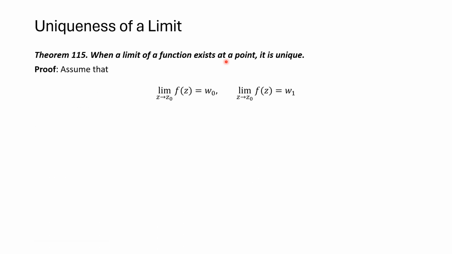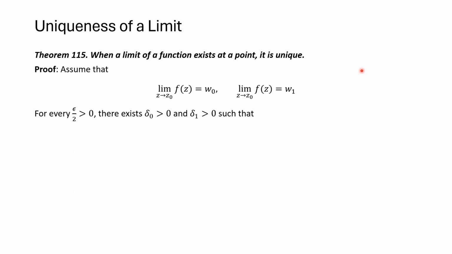All right, we have our first theorem. Limits are unique. So if we have a limit of f of z as z approaches z sub 0 and we assume it equals these values here, w0 and w1, then the two values have to be the same.